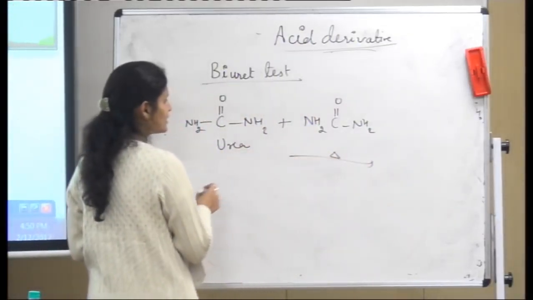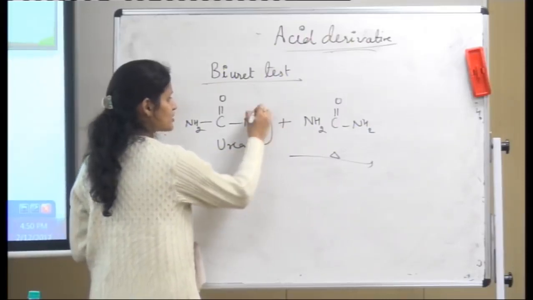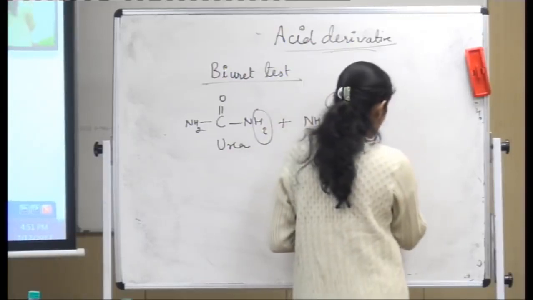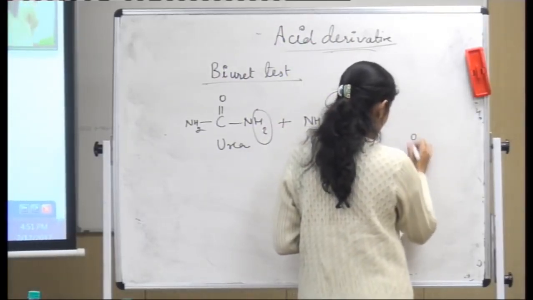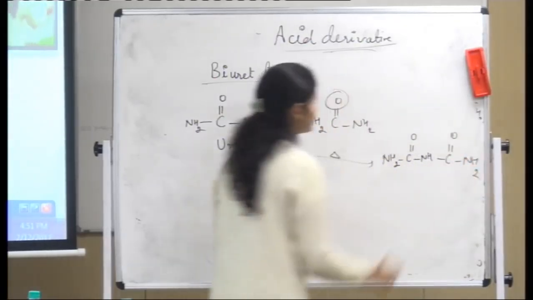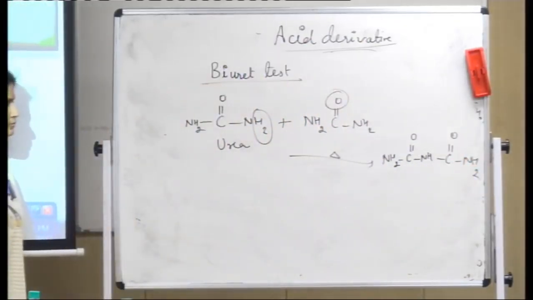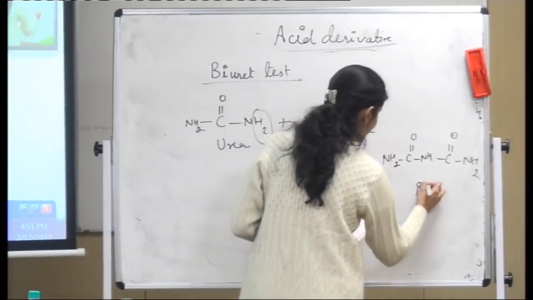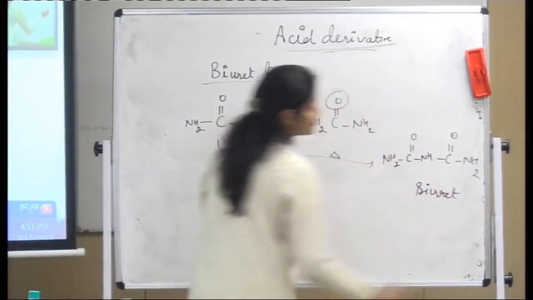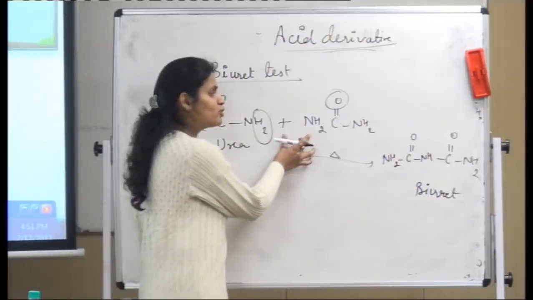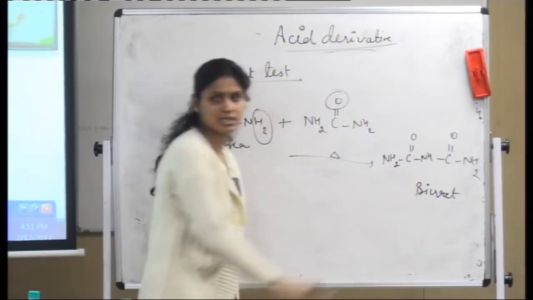It will result in the elimination of a water molecule, and what I'll get is NH2CO NHCO NH2, right? This is known as biuret, because it has been formed by 2 molecules of urea.